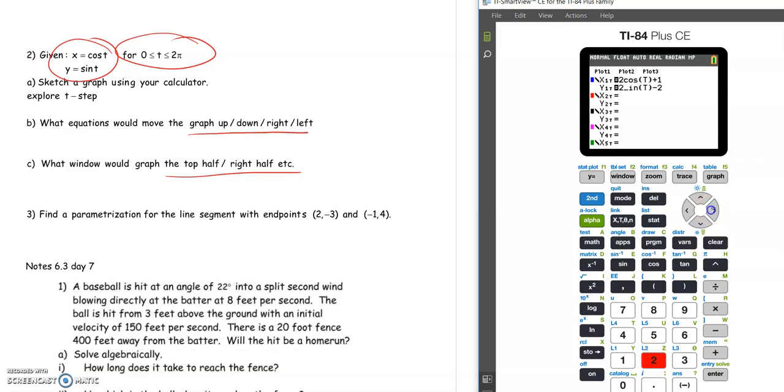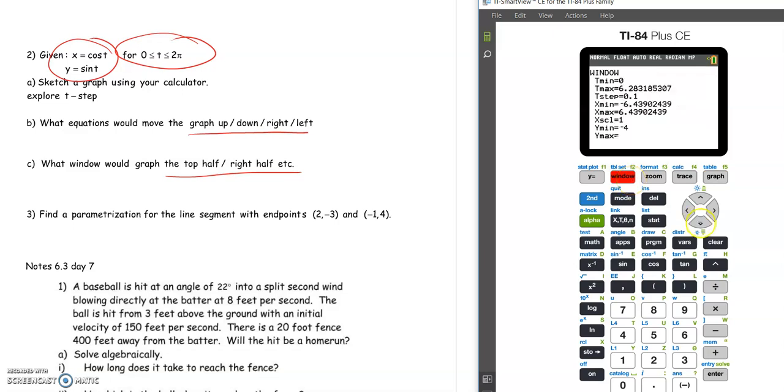It might be easier to see if I am not going down 2 and right 1 anymore, so maybe I'll delete that part. There we go. Okay, so if you look at the graph, notice that now it's a horizontal stretch and a vertical stretch, so it changed the radius.